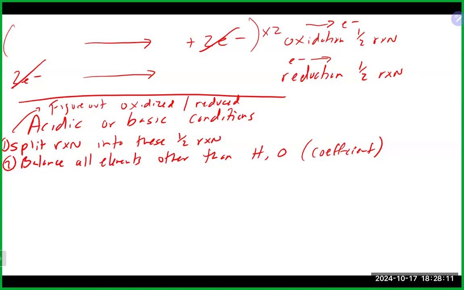Once you've balanced all the other elements with coefficients, just like a normal equation, we're going to get to the part where we balance the oxygens. The way that we're going to balance the oxygen is we're going to add water.